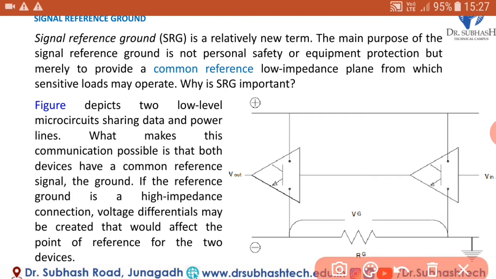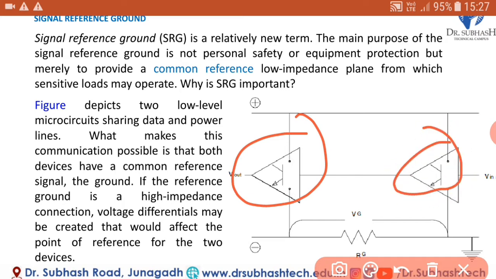The figure depicts two low-level microcircuits sharing data and power lines. Here in this figure we can see one circuit here and one circuit here, and both are sharing common grounds. What makes this communication possible is that both devices have a common reference signal. Here we can see this is common, and this is grounded.